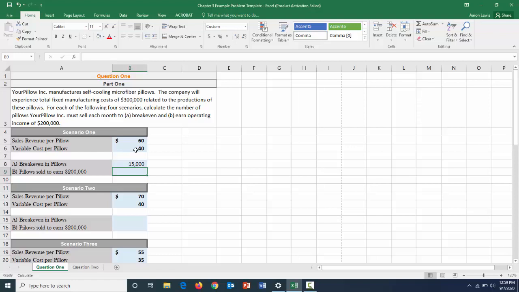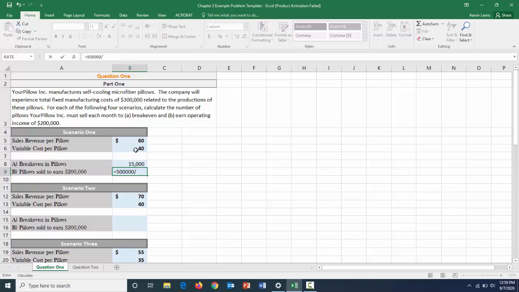In B, how many units do we have to sell if we want to make an operating income of $200,000? Well, all you do is add your target operating income to your fixed costs. So we had $300,000 in fixed costs. We want operating income of $200,000, which means we need $500,000 after we account for the cost of production.